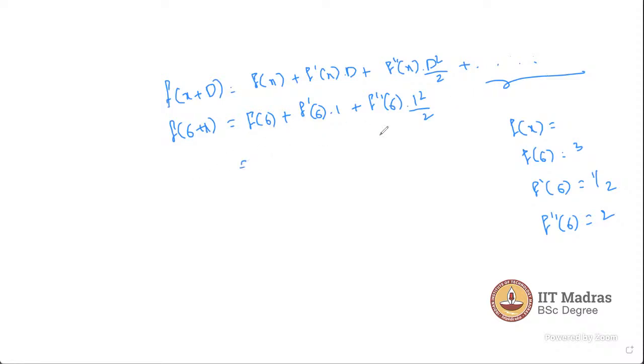This will give f of 6 as 3 plus half plus f double dash of 6, which is 2, into 1 by 2. So this will be equal to 4.5. Did everyone get this answer?